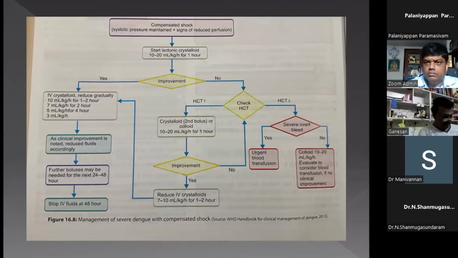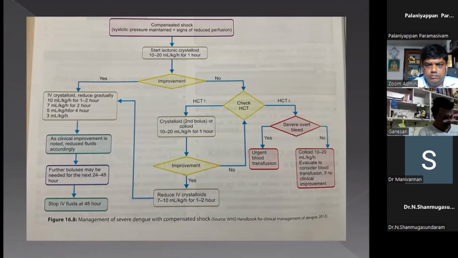If there is no improvement, you can assess clinically, or you can do a PCV, hematocrit. If it is still increased, you can give another bolus dose of normal saline, that is 20 ml per kg over 1 hour. Again, you assess after the second dose. If improvement is there, reduce the crystalloids slowly. If there is no improvement, then you can give colloid.